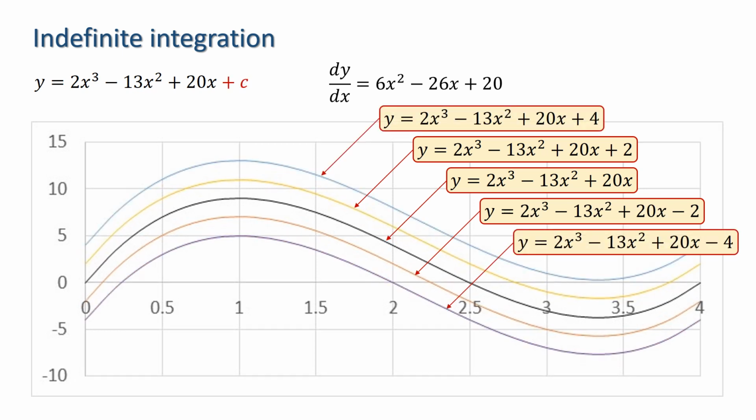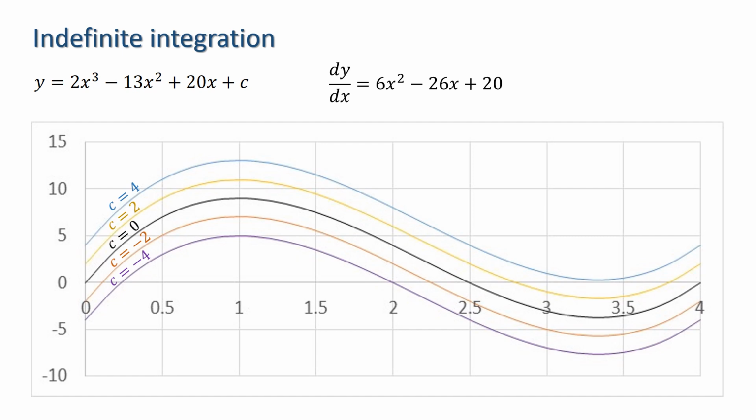Here we see two more functions either side of the original one, with 4 and minus 4 added as the constant. We usually write functions of this type using a letter to represent the constant, often using the letter c. We can see that all of these functions generate the same expression for the derivative. So what does this mean?